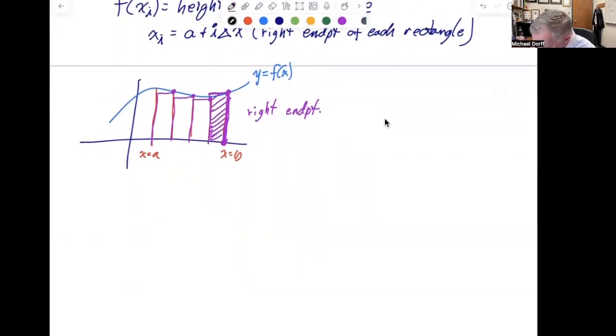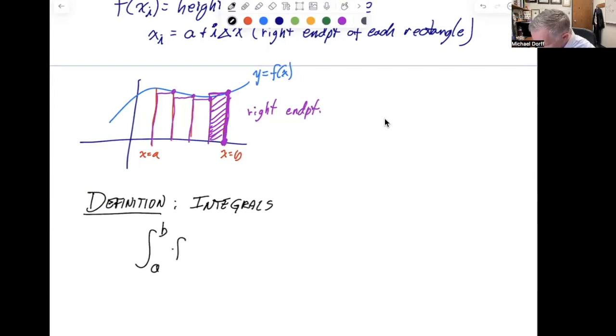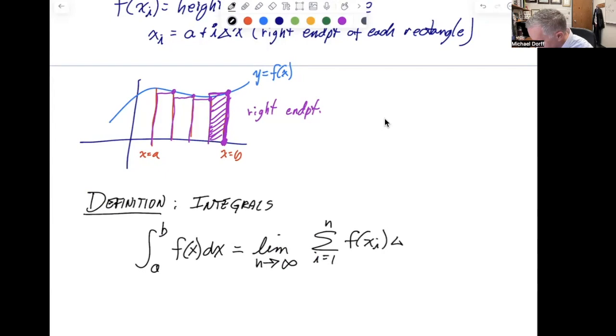Okay. All right. Then what we're going to get is the definition of the integral. It's going to be this squiggly, almost like an S, from a to b of f of x dx. That's the integral, and it's going to equal the limit as n goes to infinity of the sum i equals 1 to n of f of x sub i delta x.